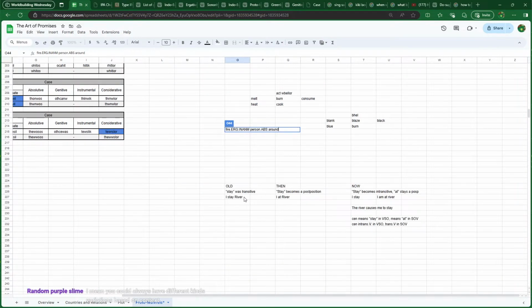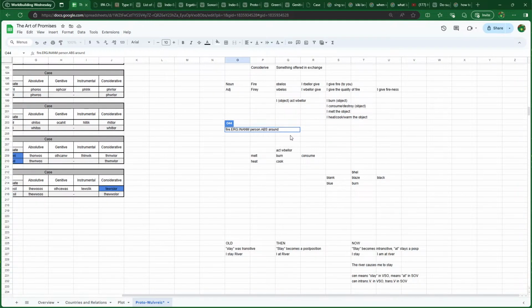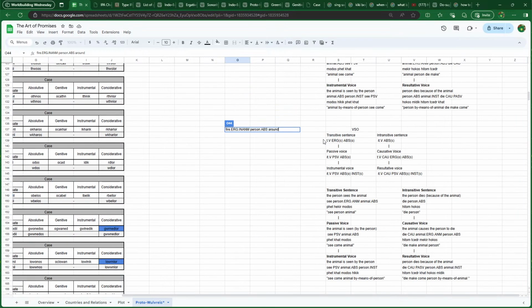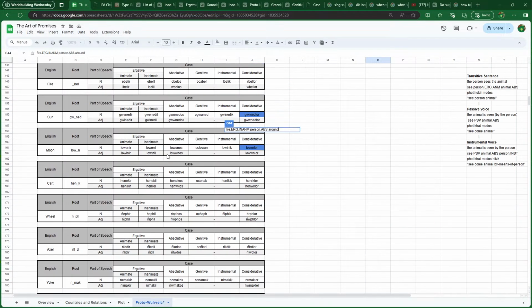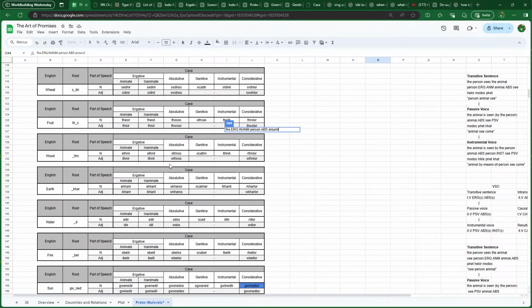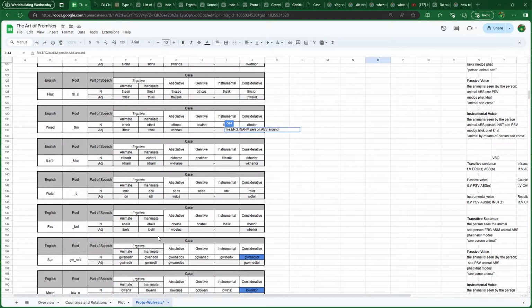So we're using SOV. So it means around. But if we wanted to make it mean cover, then we would use VSO. That can still function. It could have always been different variations based on context. That's the point of it, is that fire is not always animate or always inanimate. You get to choose whether this fire is more animate or inanimate in this sense.